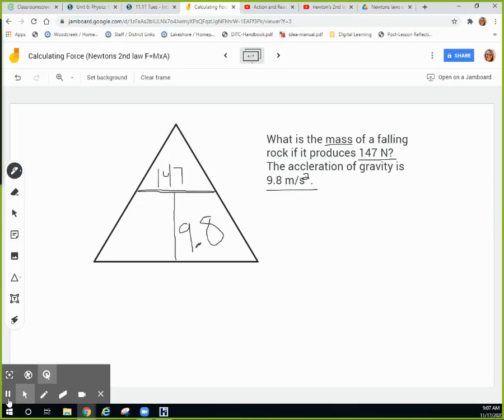So 147 divided by 9.8 gives us a mass of 15. What's our unit? Kilograms. 15 kilograms. And this is our answer.